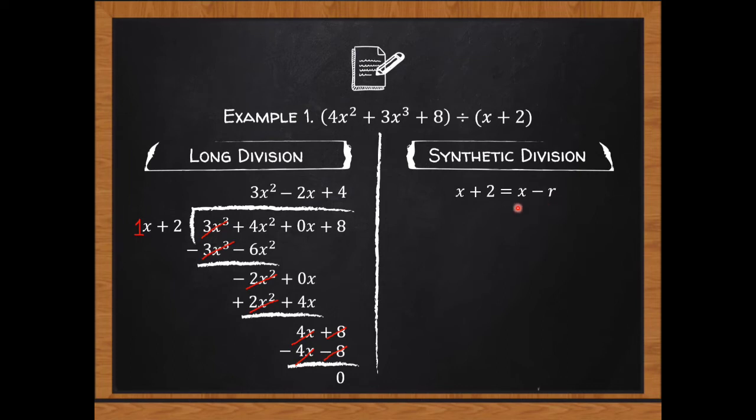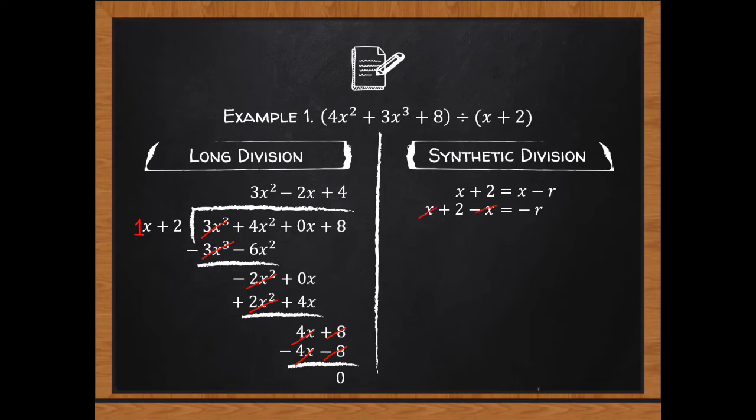So, ang gagawin is we transfer x to the other side of the equation. But then, since ita-transfer natin siya sa kabila, kung positive ito, magiging negative na siya. So that is x plus 2 minus x equals negative r na lang sa kabilang side. Then we simplify x minus x and the answer is 0.